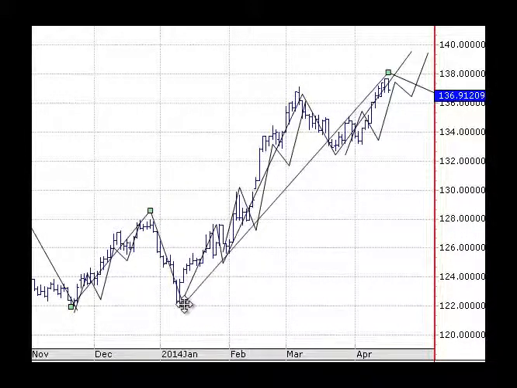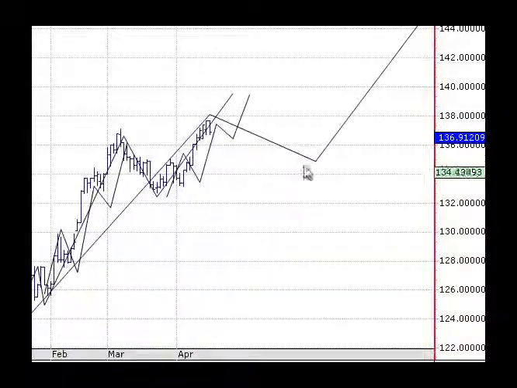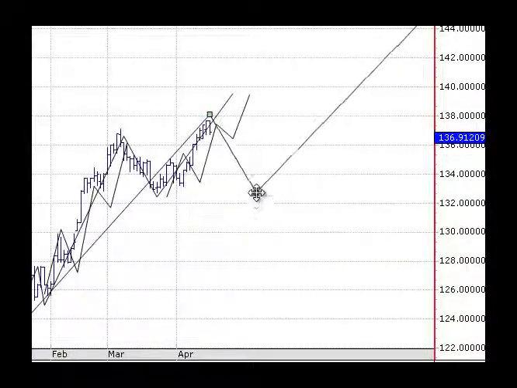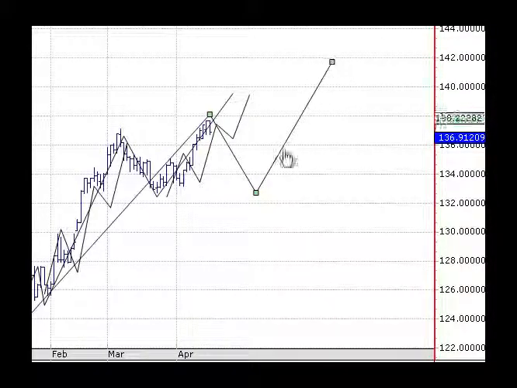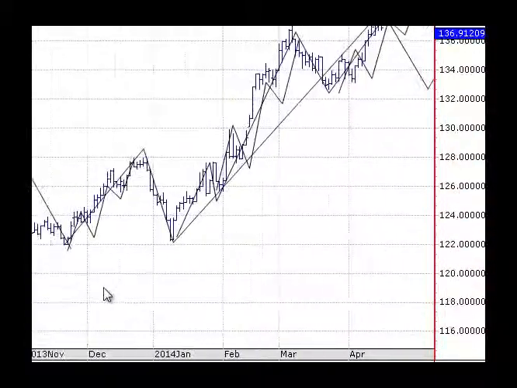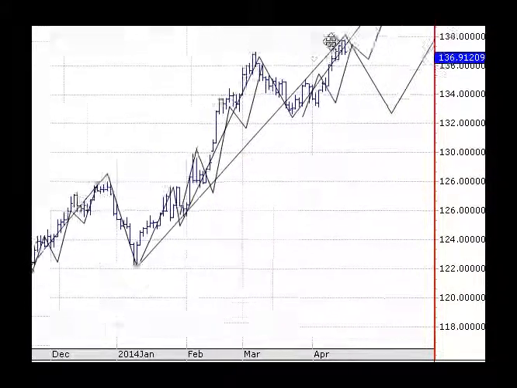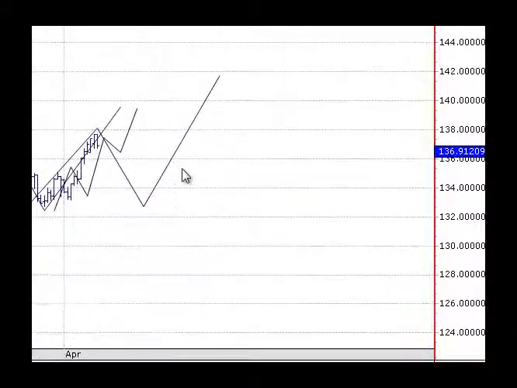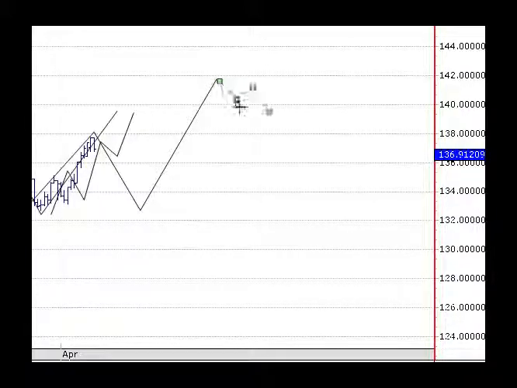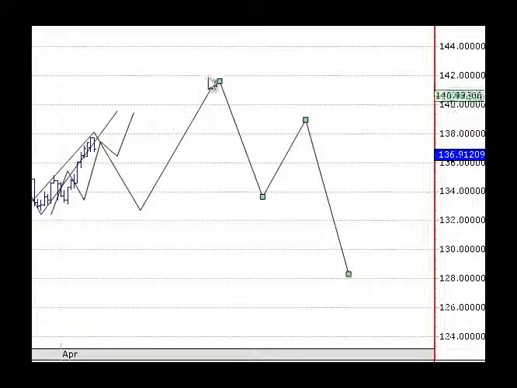But if it turns into 5 waves, so we've got 1, 2, 3 to here, and then if we get wave 4 here, and then wave 5 up here, probably in this little area, then we get a corrective move. That's an impulse wave up and an ABC here, which makes all of those waves, 3 here and 5 there, a motive wave.